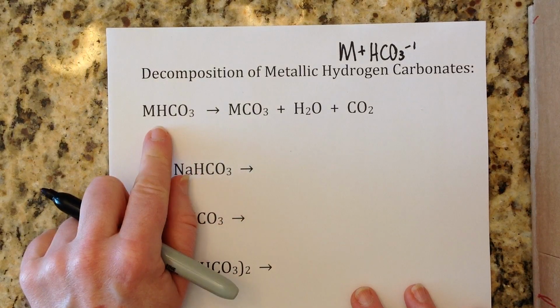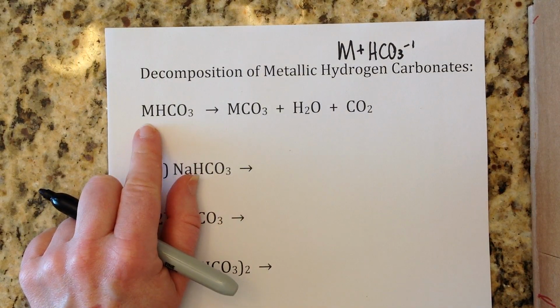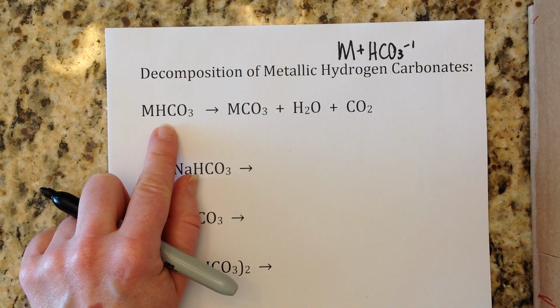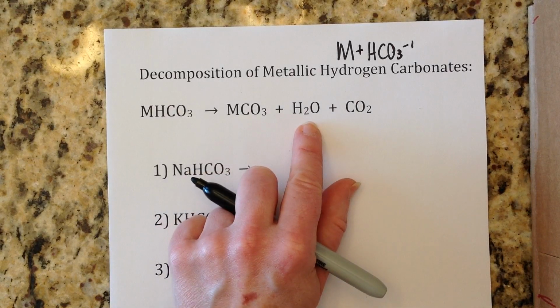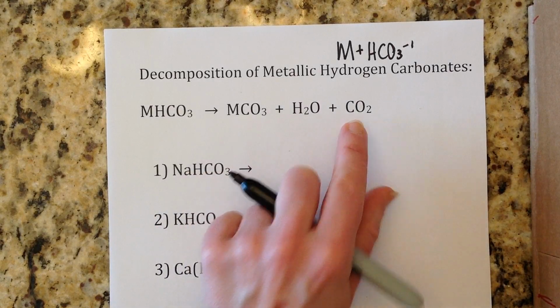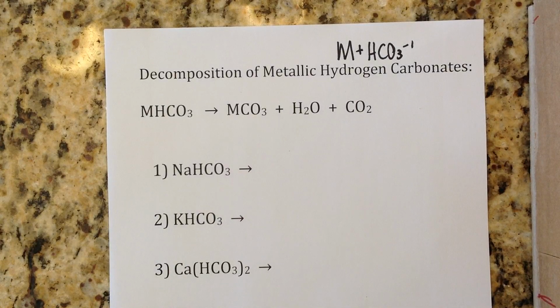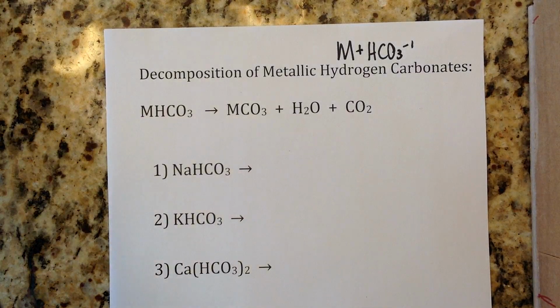So you can see right here, when we have a metallic hydrogen carbonate, we are going to crisscross the metal with carbonate, and then we are going to add water and carbon dioxide. So this is one we're doing a little differently, but we're still crisscrossing.